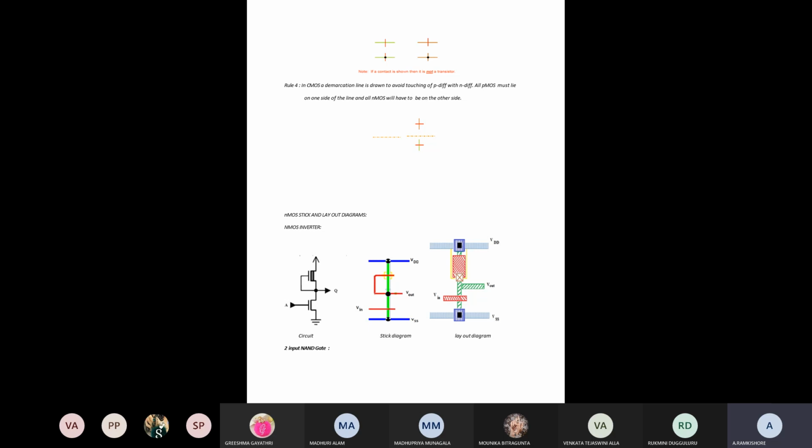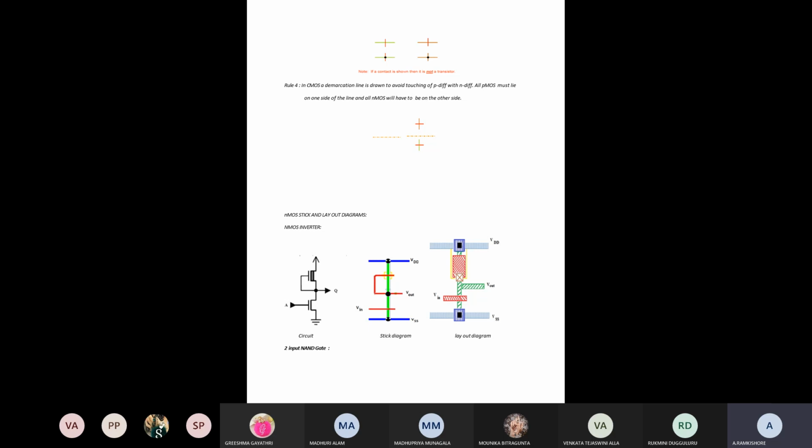On means whatever VDD voltage we applied will come out at the output terminal. That means Q is equal to VDD, and in logic terms VDD is nothing but logic 1. So whenever the input is low, the output will be high. We already know this operation.